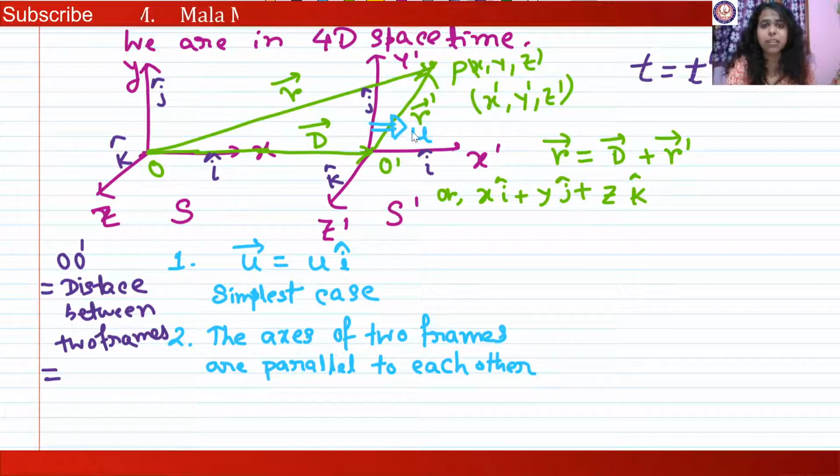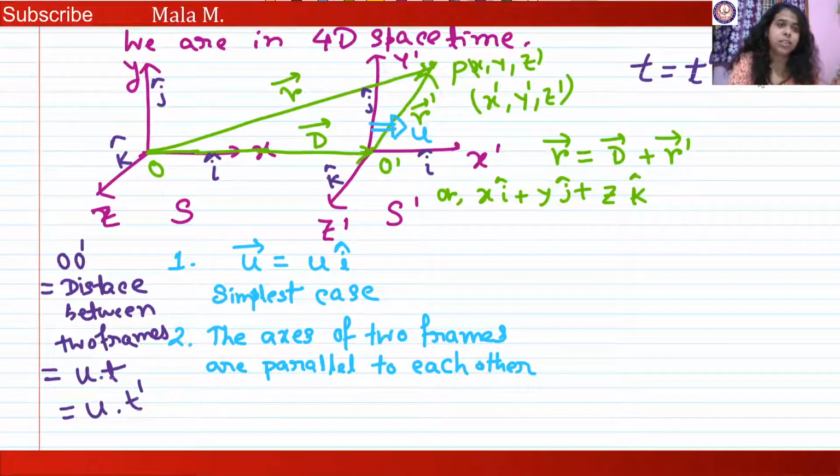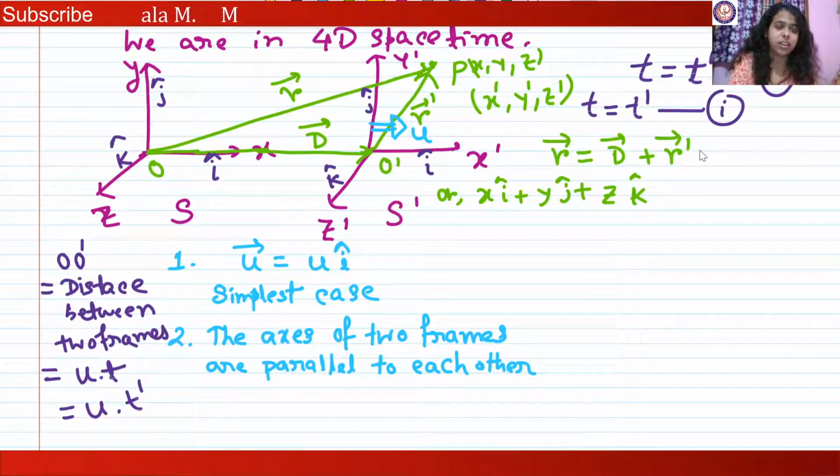It will be simply velocity into time, u into t, or u into t prime. So our first equation is t is equal to t prime. And this is my second equation.